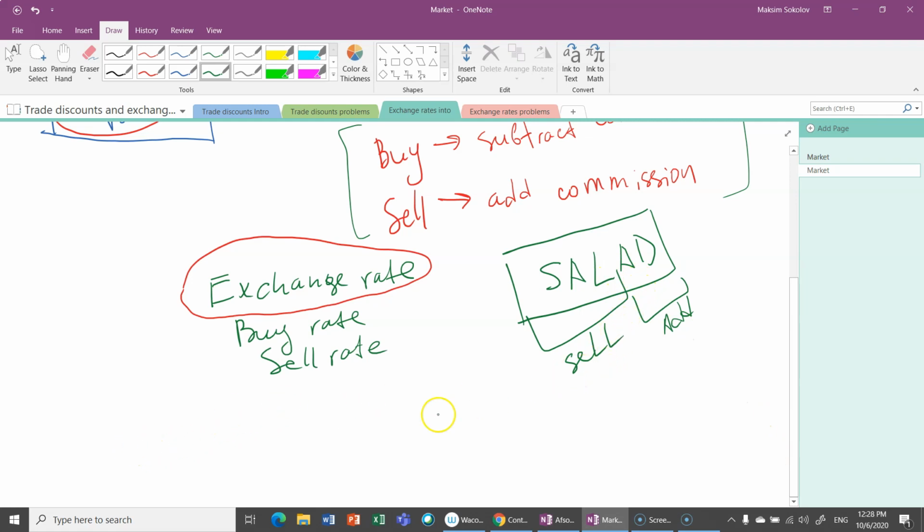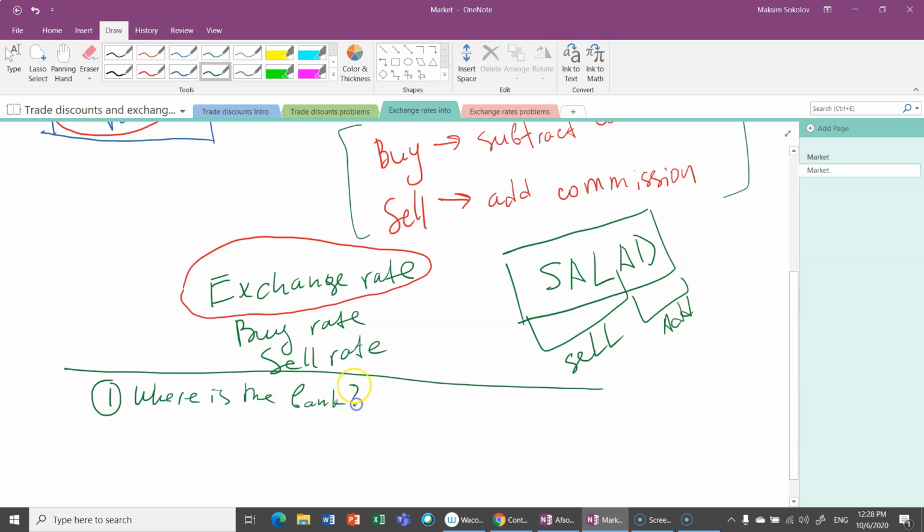So for our future problem solving, we remember this. First, we need to understand where the bank is, because this gives us information about the domestic currency. Then, does the bank buy or sell? So is it buy rate or sell rate, right?